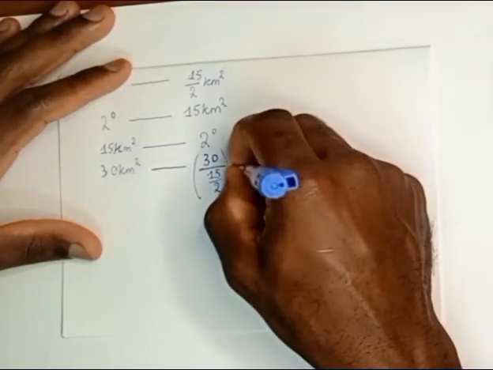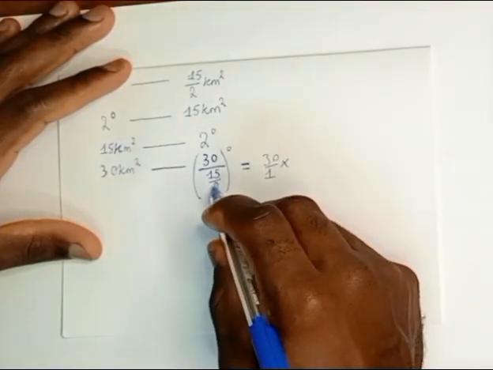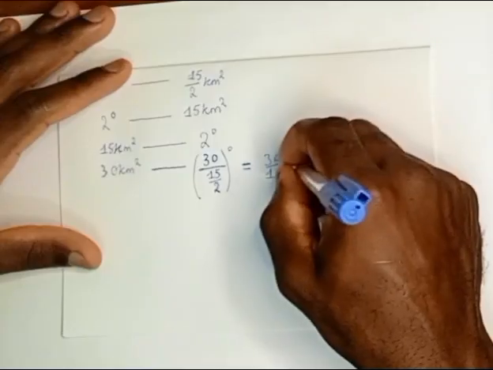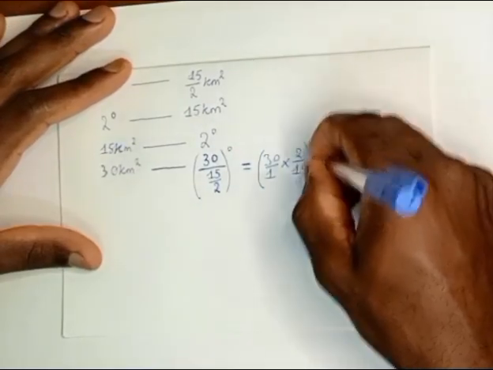This will be equal to 30 over 1 times, inverting the second fraction, 2 over 15, in degrees.